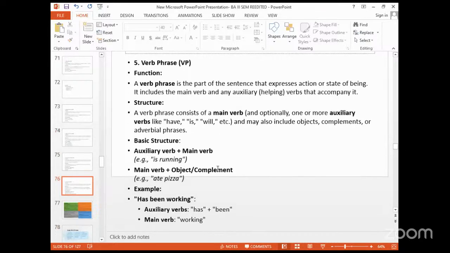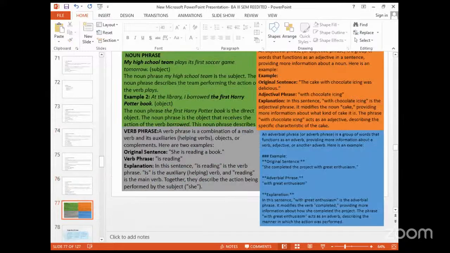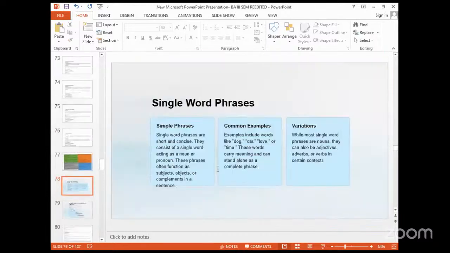Then we have has been working. So you have two auxiliary verbs here, and the main verb work. Right. So this I think we've already done in the form of an example.